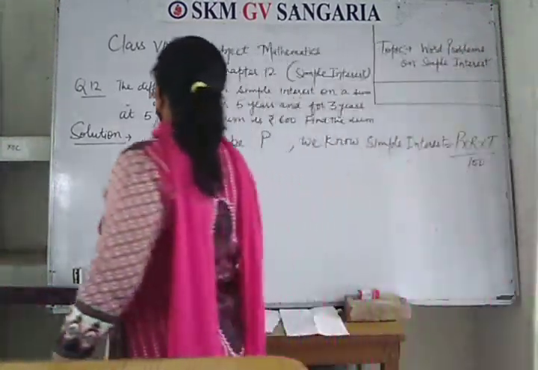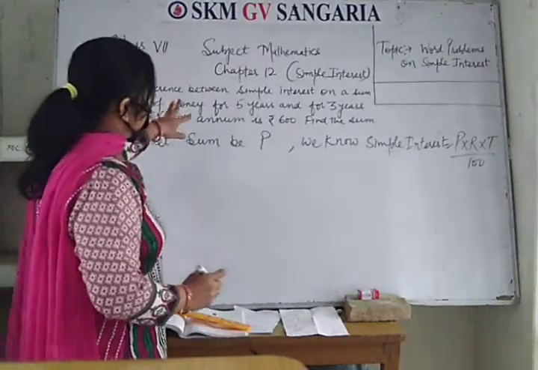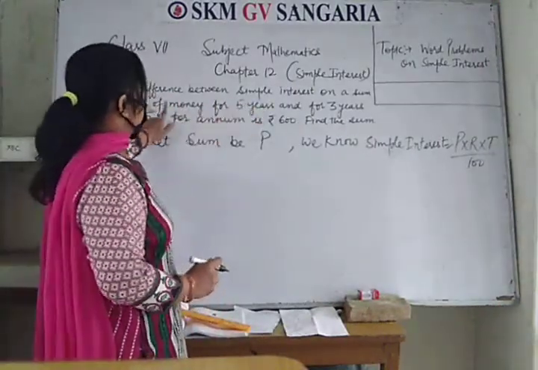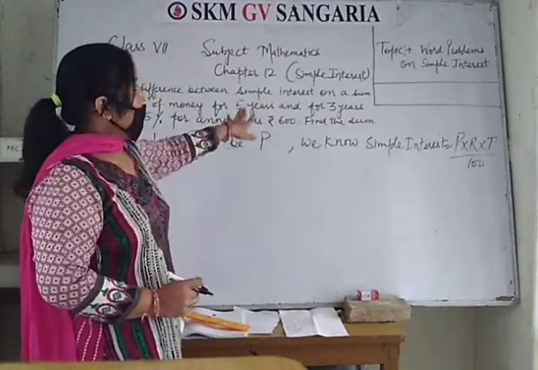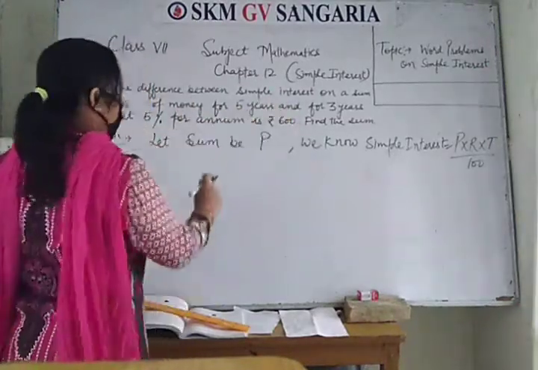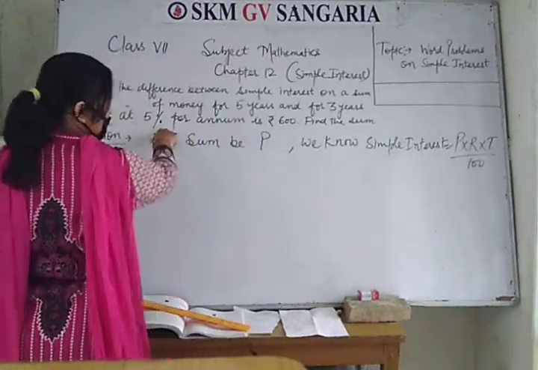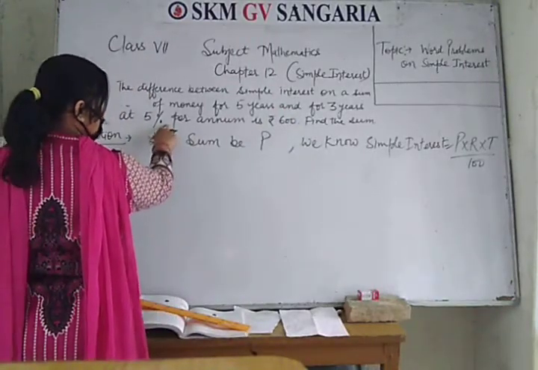Okay. So there are two cases of simple interest on a sum of money, for 5 years and 3 years. Timing is different and rate of interest is same.